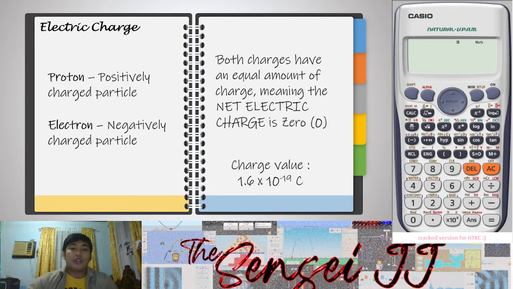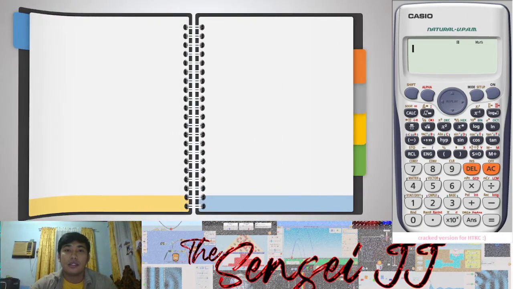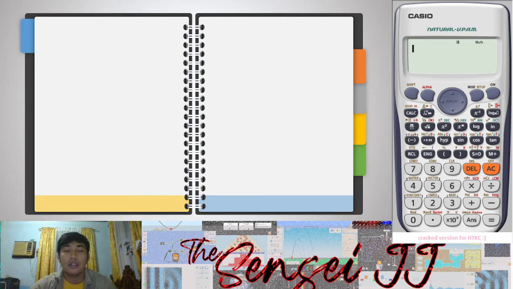We have a charge value of 1.6 times 10 raised to negative 19 coulomb for both proton and electron. The charge value has a positive sign for the proton and a negative sign for the electron. So basically, they have the same charge value, but they differ in sign, positive and negative.